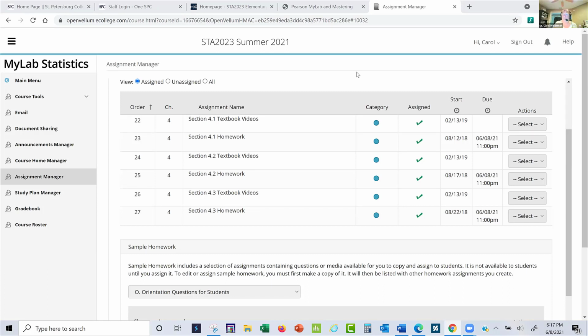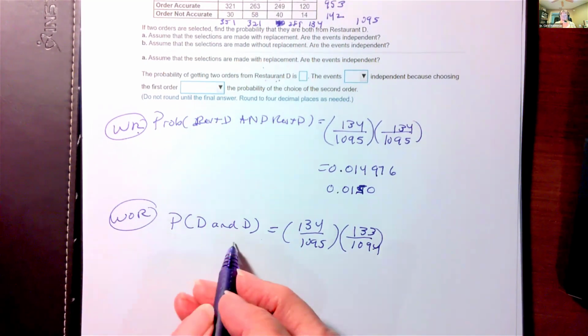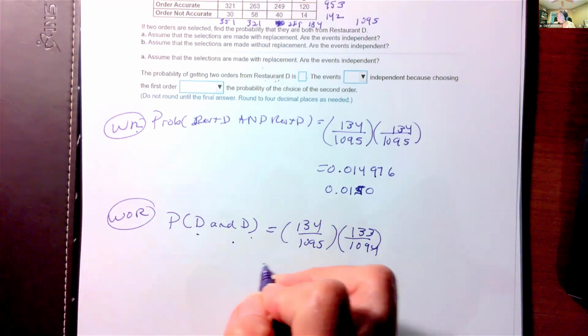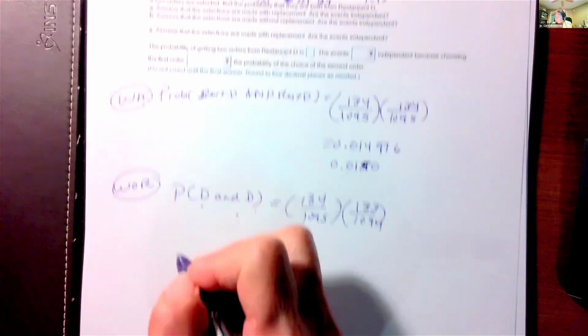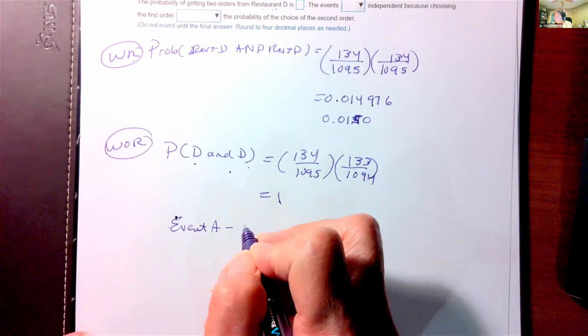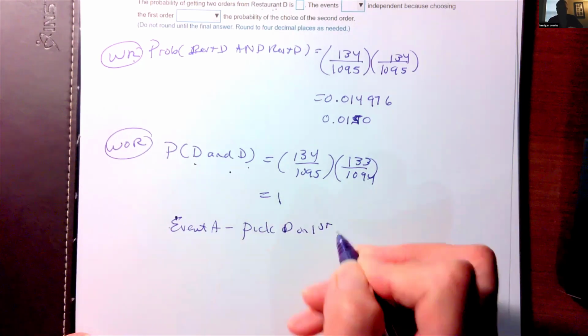Because what we just did, if we go back to what we were just working on, if I pull this one up here, in this case this is the probability of restaurant D and restaurant D. Let's let event A, I think this is what you're talking about, be pick D on the first draw.